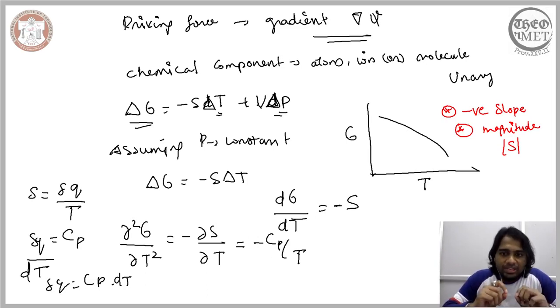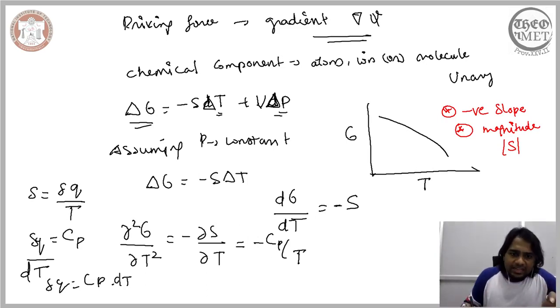Now the reason we need to consider the second derivative of the given thermodynamic function is because while the first derivative numerically gives you the slope, the second derivative talks about the curvature. The curvature numerically is nothing but, you can treat this curve as a part of a large circle, and if you consider the radius of the large circle as r, 1 by r gives you the curvature.